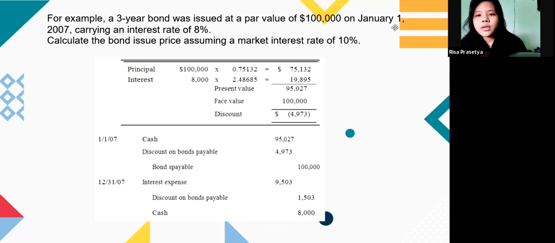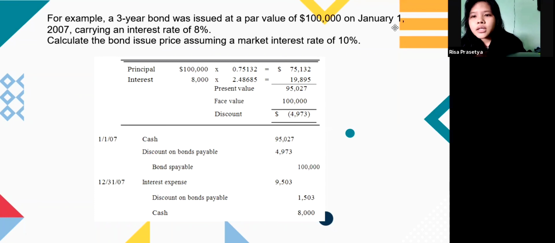The principal of 100,000 multiplied by 0.75132 gives a total of 75,132.